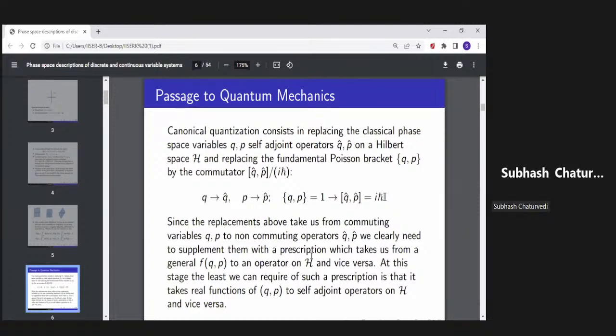So this prescription applies strictly to the case where q and the associated momentum operator both are Cartesian. Any questions up to this point?